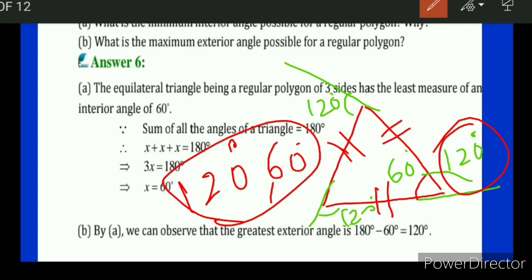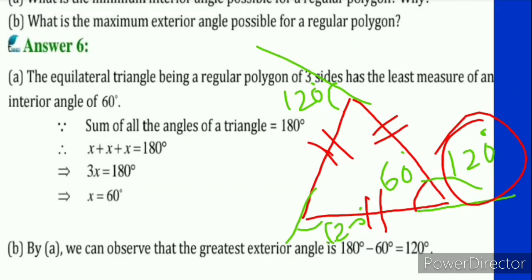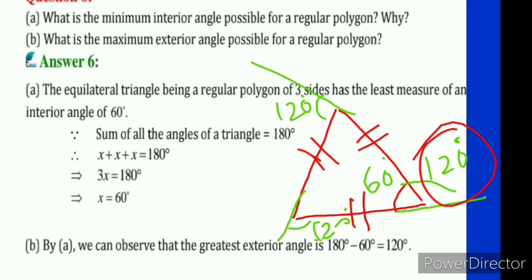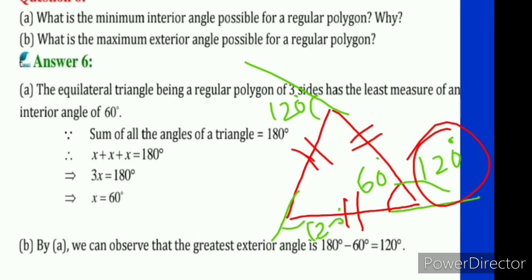Got it, children? If we increase the interior angle, the exterior angle value automatically decreases. Therefore, the maximum exterior angle measure is 120 degrees only. Copy down both answers A and B. If you want this diagram, you can draw it, or else not necessary.